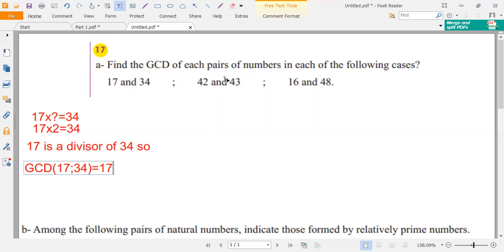Now we have 42 and 43. Are they consecutive? Yes, they are consecutive, because one of them is next to the other. So 42 and 43 are consecutive.